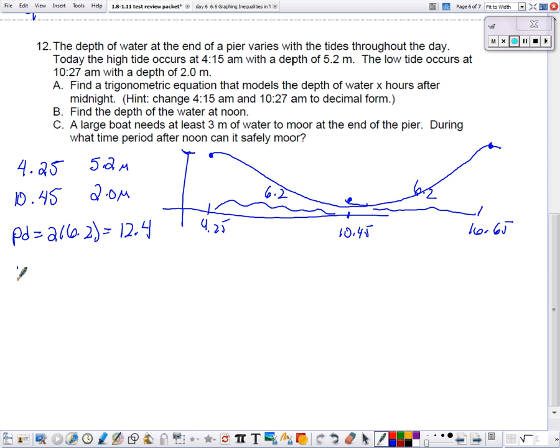My amplitude is my maximum minus my minimum divided by 2. That's 1.6. My vertical shift is my maximum plus my minimum divided by 2.